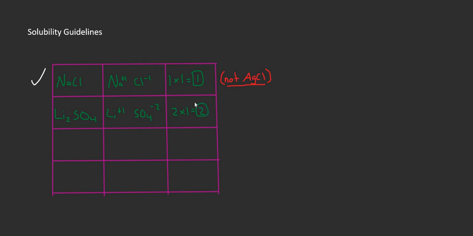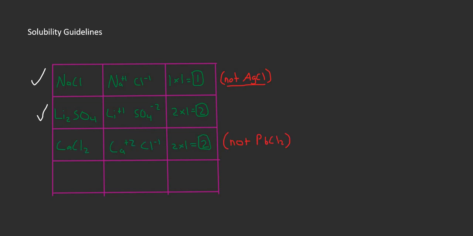Again, 2 is less than 4, so these compounds are generally going to be soluble. And again, these are just examples, so this is not the only salt that does this. So we've got a +1 and a -2, multiply them, less than 4, we'll say this is soluble.